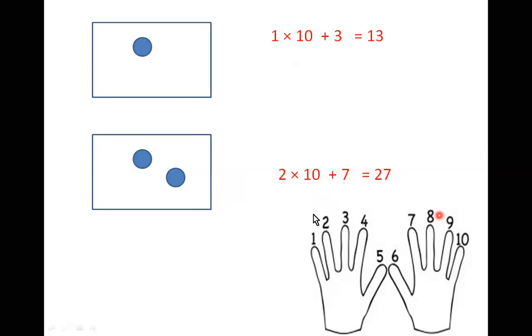Let's see. What we can do is, I put a box, something like this, and I add one stone into the box. It is a stone, it is a box. This one stone indicates I have used all the fingers one time. There are 10 fingers.